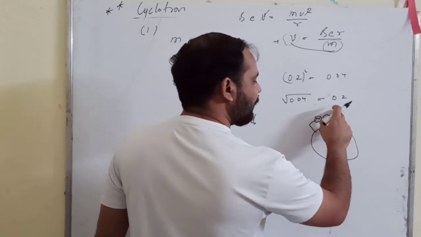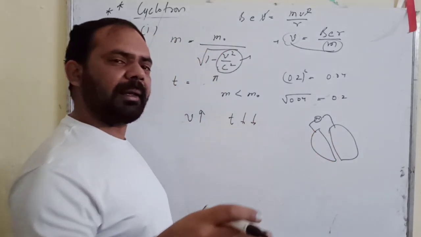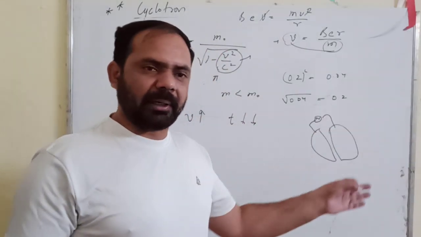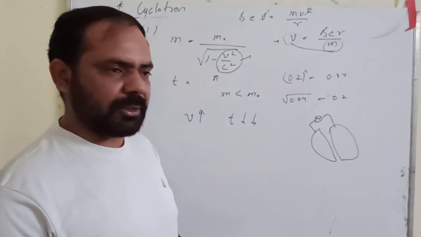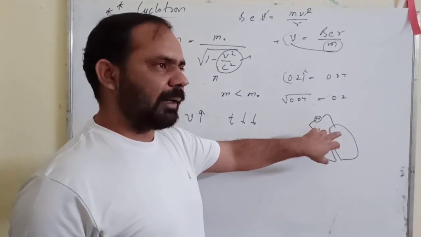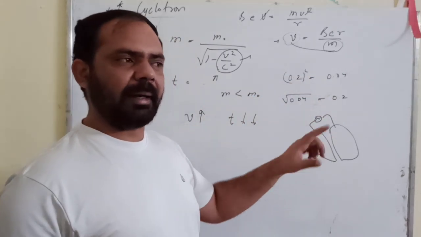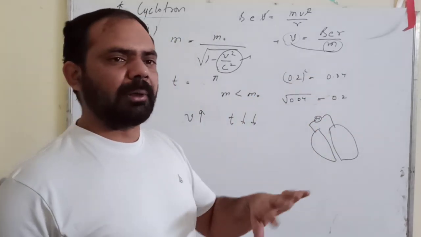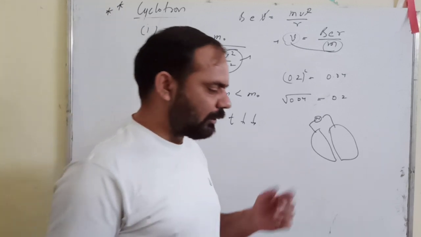The time period of the particle in crossing one particular D is now changed. The resonance will break between this oscillator and the moving particle, and hence the particle will be lost inside the D itself by colliding with the walls of the D.